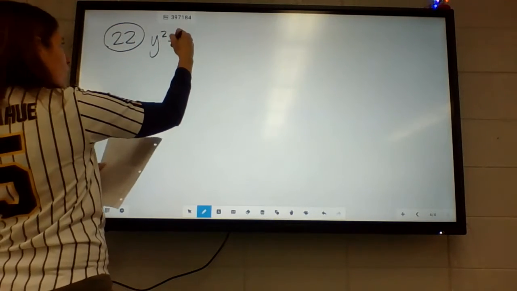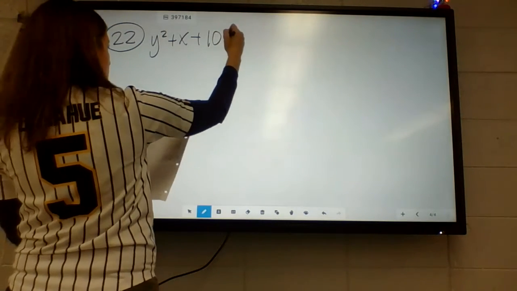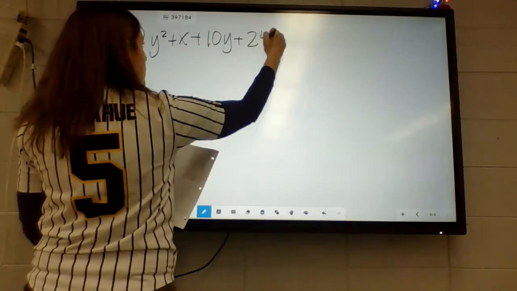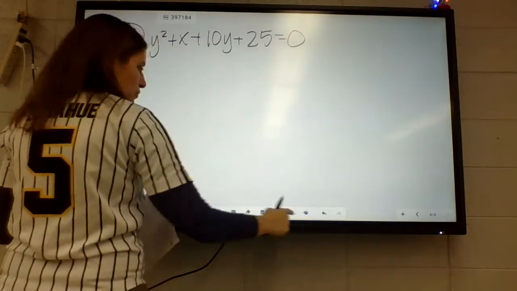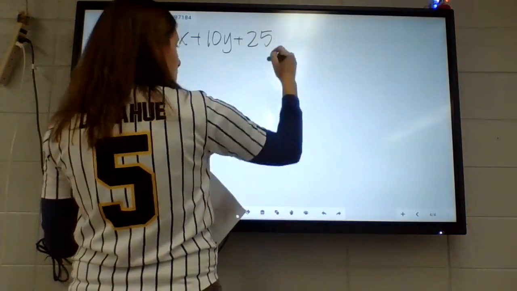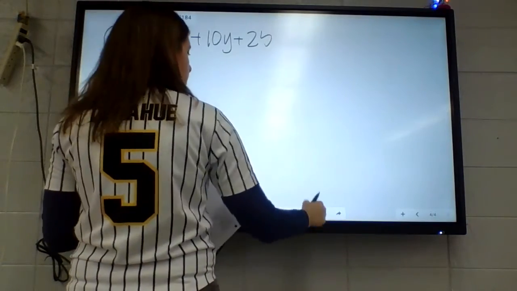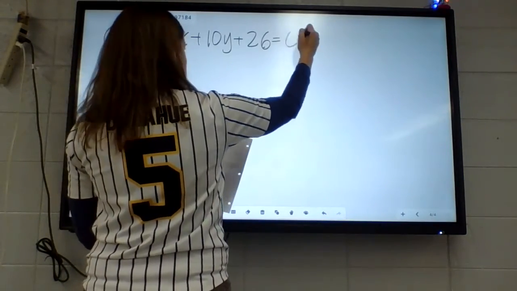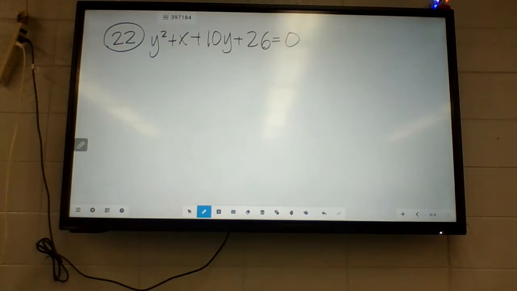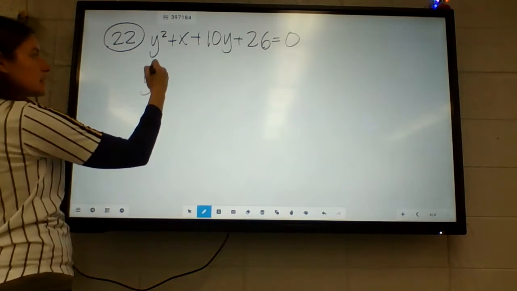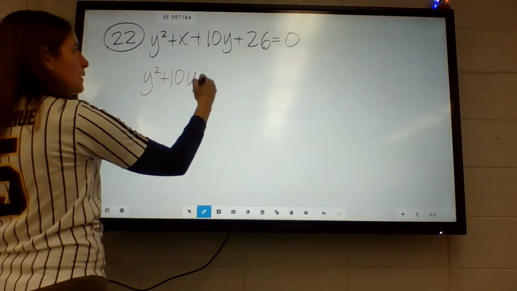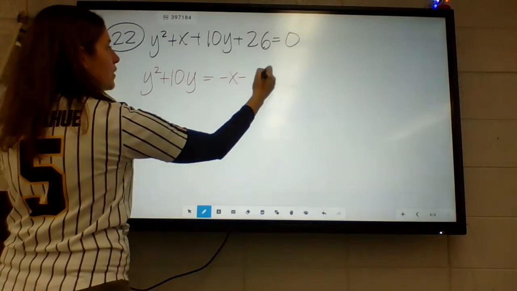Now this one, hopefully is kind of obvious that it's a parabola because only one of them is squared. Oops, that should be 26. So again, I'm going to organize things here and move those other 2 over.